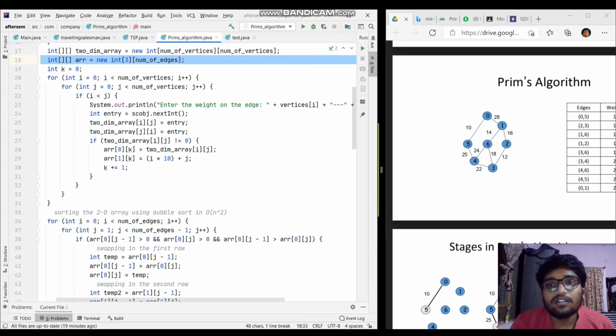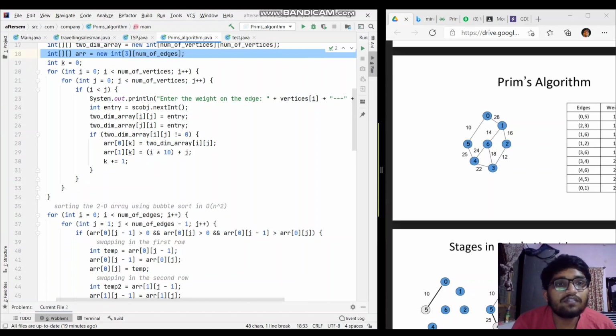For example, 28 is in the first row, and in the second row we'll have the corresponding vertices, that is 0 and 1. If we have 16 in the first row, in the next row we'll have 1 and 2 as the corresponding vertices for that particular weight. So I've taken that one.